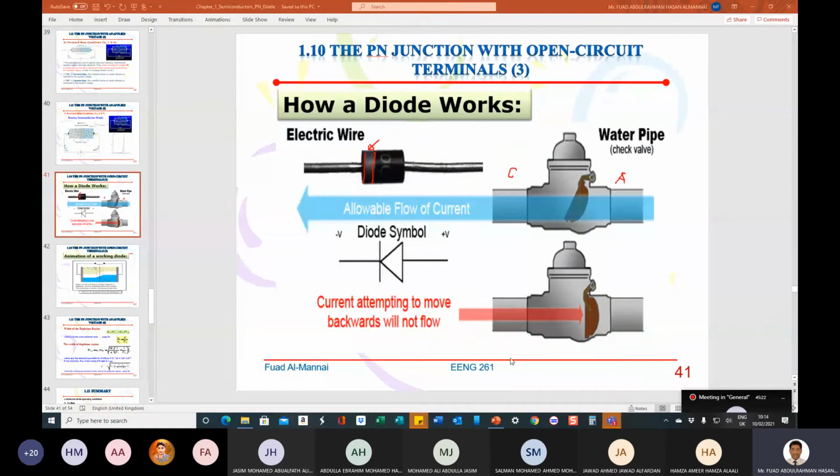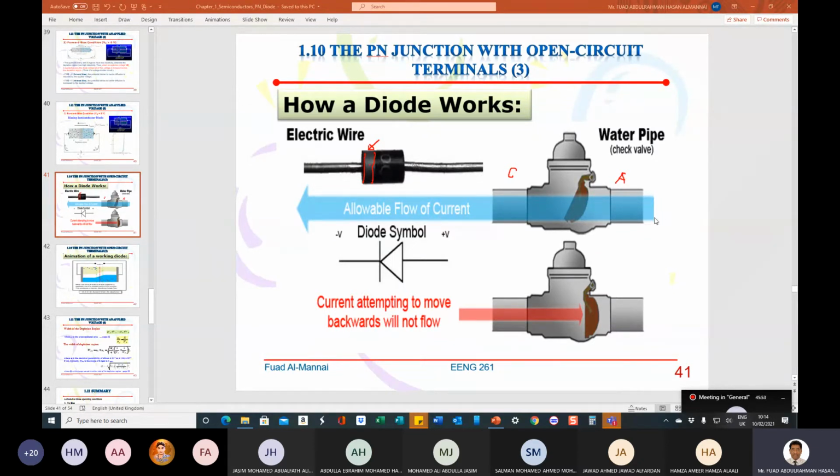Now this is on slide number 41. This is an analogy of the diode. Over here you can see it's a water valve, and the water valve has a diaphragm, which is pivoted here. It can move this side or that side.